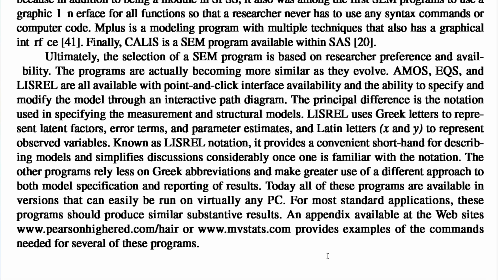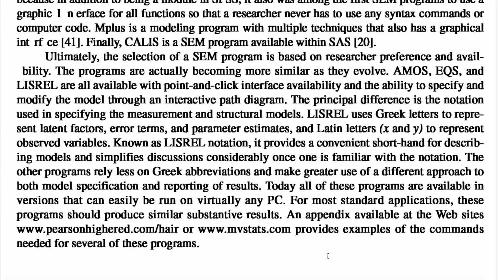LISREL uses Greek letters to represent the latent factors, error terms and parameter estimates, and the Latin letters X and Y to represent observed variables. The LISREL notation provides a convenient shorthand for describing models and simplifies discussion considerably once one is familiar with the notation.